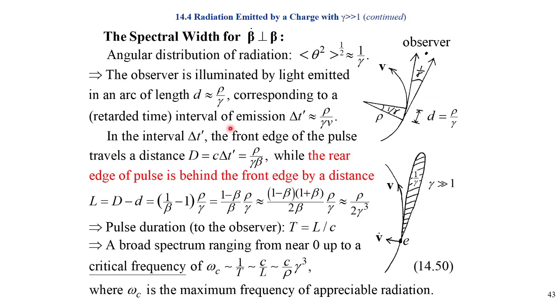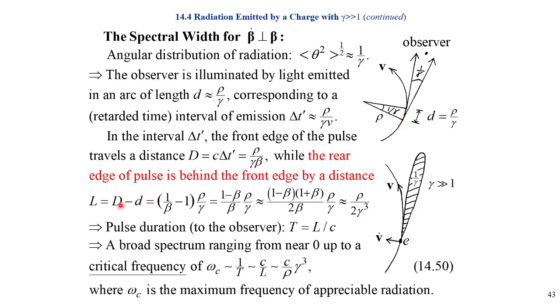D is the tracing, from here to here. So eventually, the particle emits from here, travels to here, and emits from here, travels to here. D is from here to here, and d is from here to here.